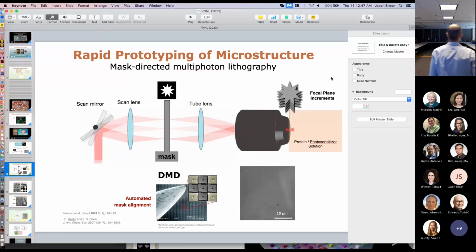So this is using what's called the digital micromirror device. It's basically the heart of a computer projector. So these very small, about 15 micron diameter aluminum mirrors. And the way it works is you send an image to the projector or your DMD, and it tilts the mirrors in a certain direction so that when the laser now raster scans across the surface, your pattern is sent further down the microscope by the tilted mirrors.